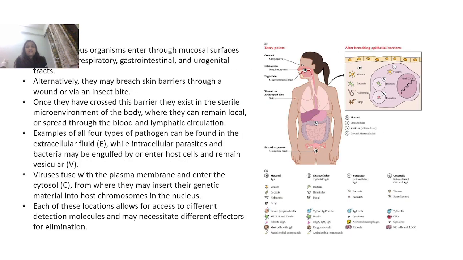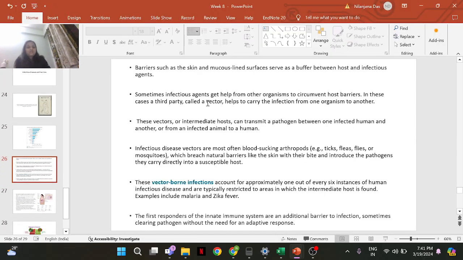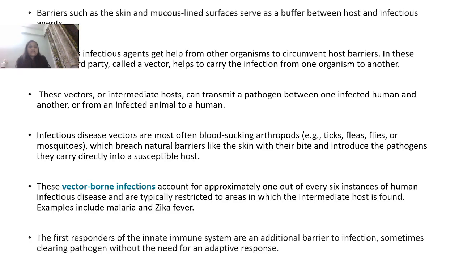So first, we all know that the first line of defense is the innate immune response, and the first thing which a pathogen does is breach through our epithelial layers. That is the first entry of the pathogen into our body.